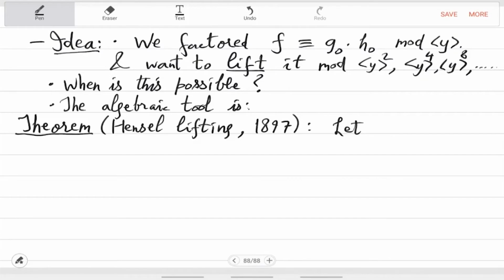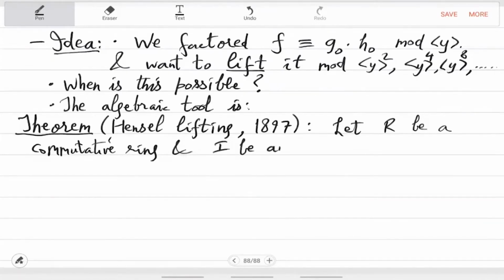So, let R be, in fact, for now it is a general ring, let R be a commutative ring, and I be an ideal. So, let F, G, H be in the ring.